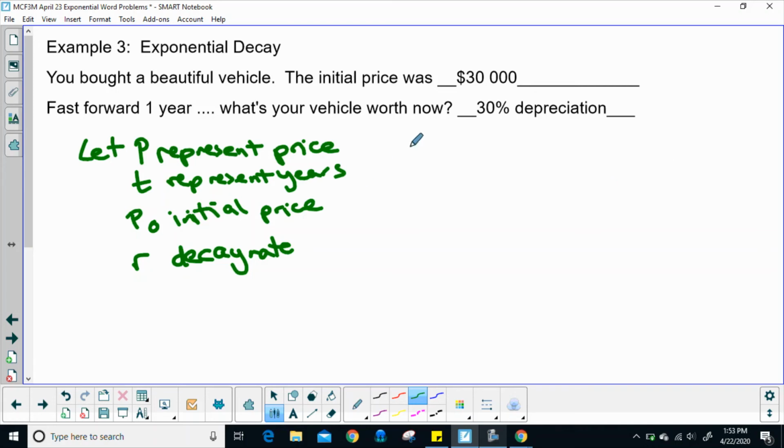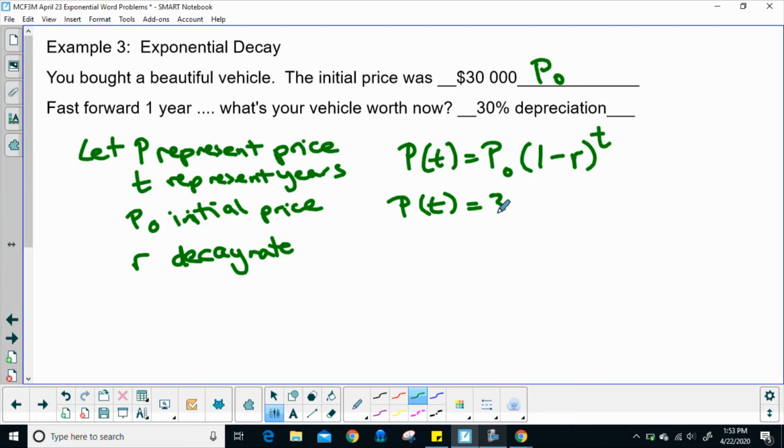So let's create our equation here. P at T is going to be equal to my initial times 1 minus my rate, because I'm decaying, to the exponent T. So P at T is equal to my initial value, which we figured out. We're just going to assume it's a $30,000 vehicle, times 1 minus, so I'm going down by 30%, divide that by 100, so my R is going to be 0.3, all to the exponent T for time.